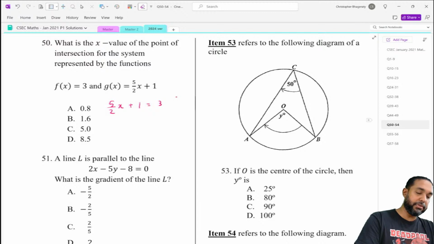First we'll subtract 1 from both sides to get rid of this here. So we're going to have 5 over 2x equal to 2. Then you could multiply by 2 to clear out the denominator, and then divide by 5. You have 4/5, and 4 over 5 is equal to 0.8.